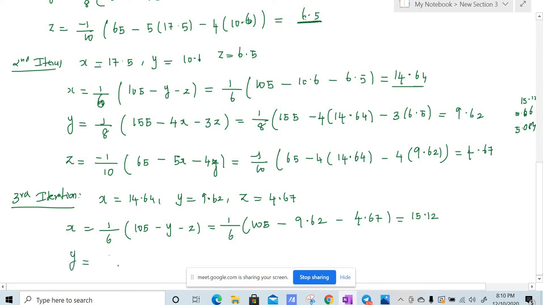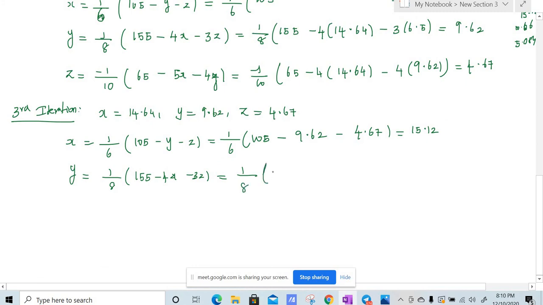And our y is 1 by 8 into 155 minus 4x minus 3z. This will be 1 by 8 into 155 minus, the updated value for x is 15.12. Again you should not take the old x value, you should always use the updated value, minus 3 into z, which is 4.67. So this will be 10.06.